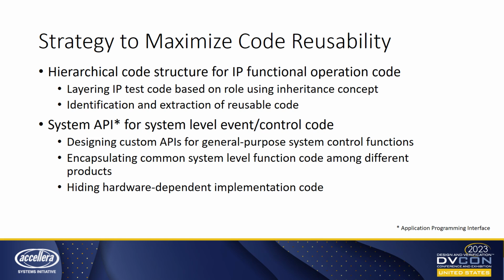We encapsulate the test code itself for those features and implement the reusable API code. If we write a system scenario using the predefined API code, we can fully reuse the system-level test scenario because hardware-dependent code is hidden. I will also show you how we can enable this using example code later.